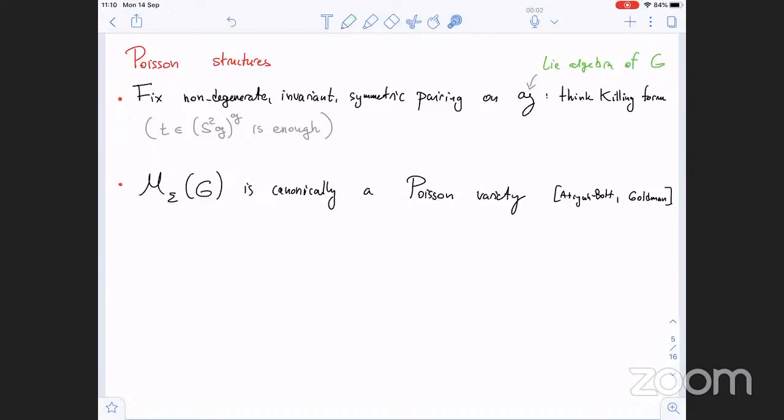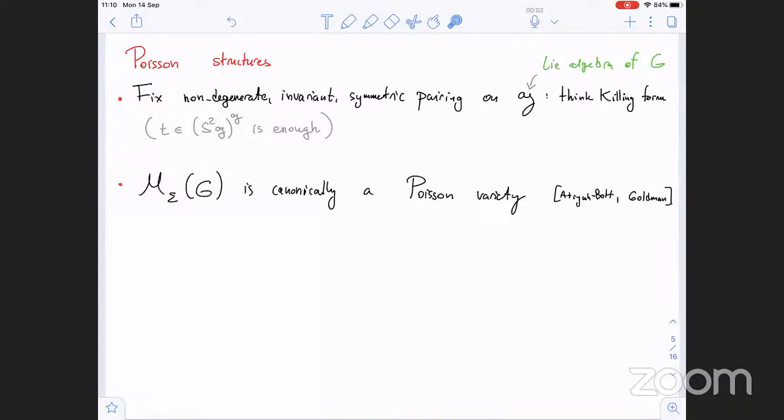And then there is a canonical Poisson structure on this moduli space, which was given by Atiyah and Bott for surfaces without boundary, and it is symplectic. But if you have a surface with boundary, you get just a Poisson structure.